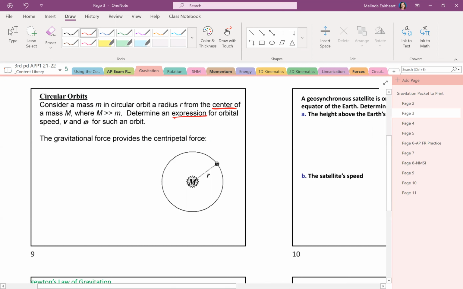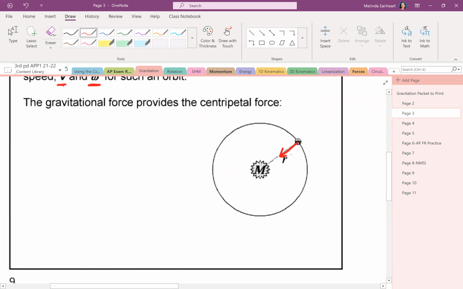Determine an expression, in variables, for the orbital speed v, and bring back the omega, angular speed, for such an orbit. They tell us, but hopefully we know by now, that it's the gravitational force, big G, that provides the centripetal force. So if you want to draw your force diagram, just focus on the small mass. That's the one accelerating.